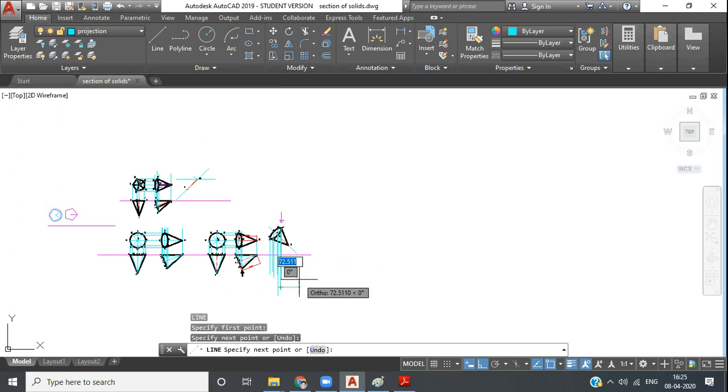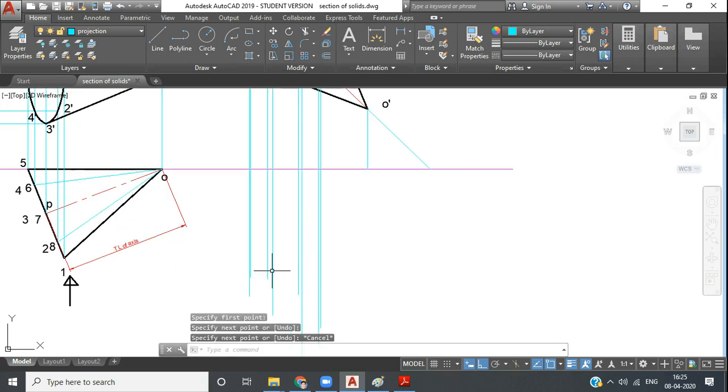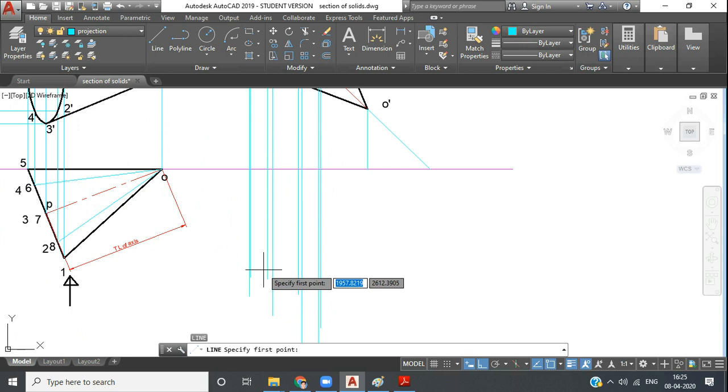Then 8. This is O; O will be on the X line. So these projections you have taken from the front view.